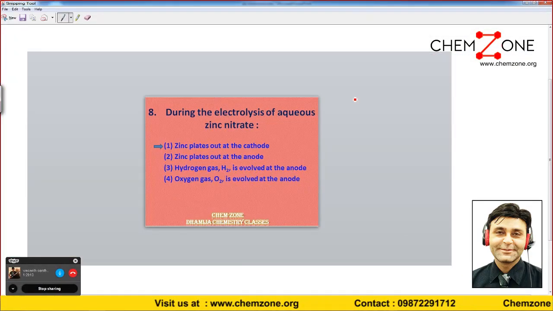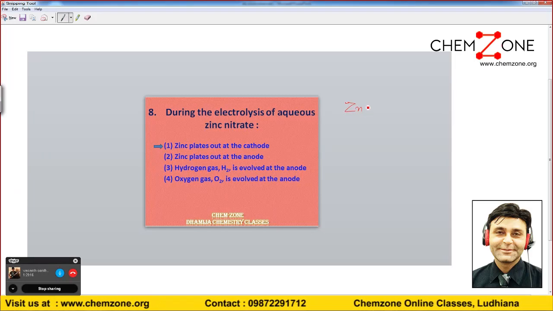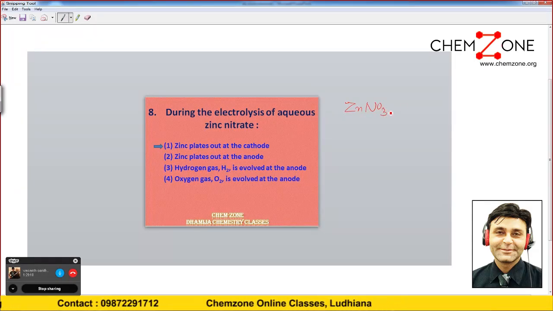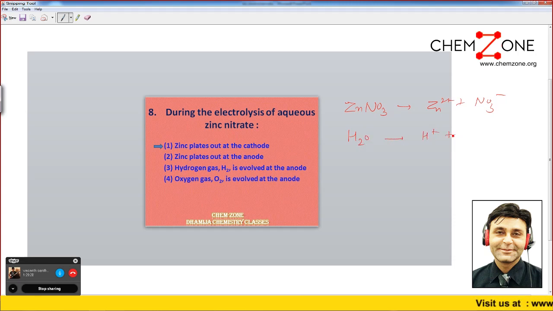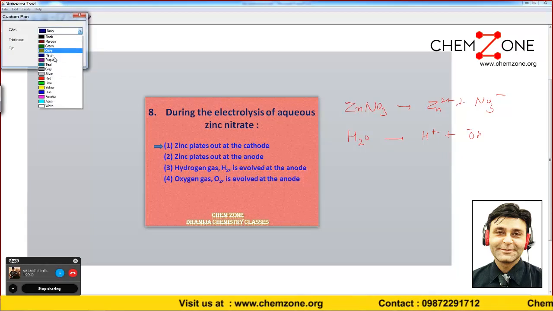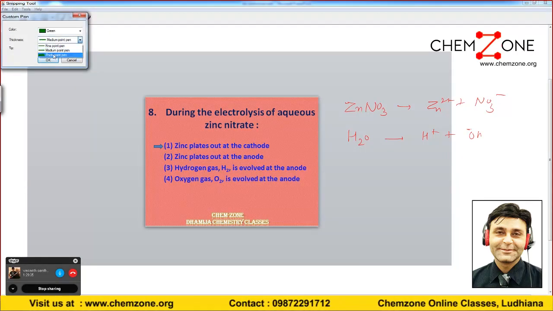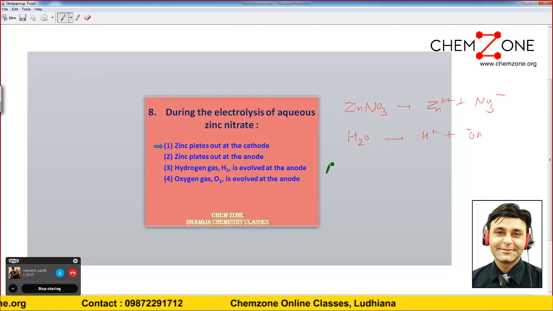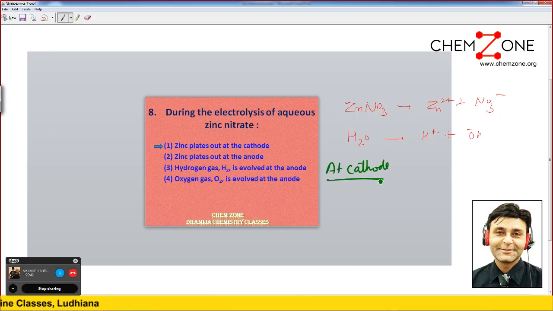Here we have zinc nitrate. Zinc nitrate, Zn(NO3)2, will form Zn2+ and NO3 negative ions, right? Aqueous medium means water, which is H positive and OH negative ions. And now we are passing current here. So at cathode, out of the zinc and hydrogen, which has a higher potential?